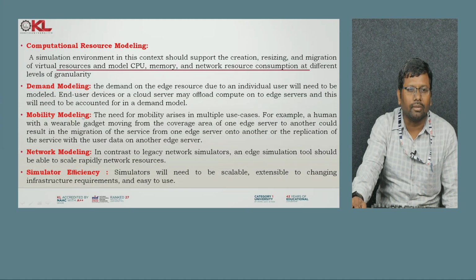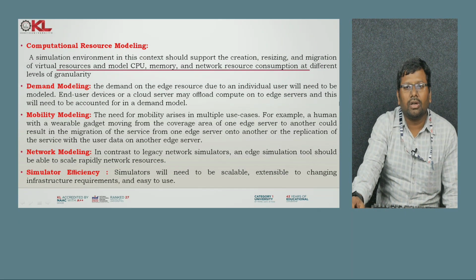Next, mobility modeling. The need for a mobility model arises in multiple cases. Mobility modeling means the edge computing devices or applications need not be used only for stable things. Suppose you want to monitor the medical reports of a patient 24/7. The particular patient may not be accompanied by any medical person.